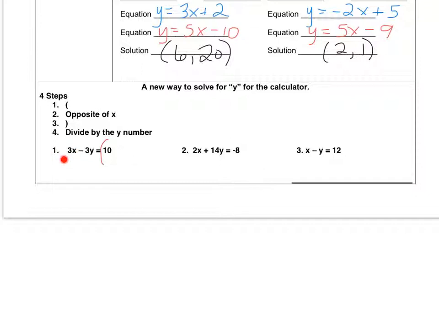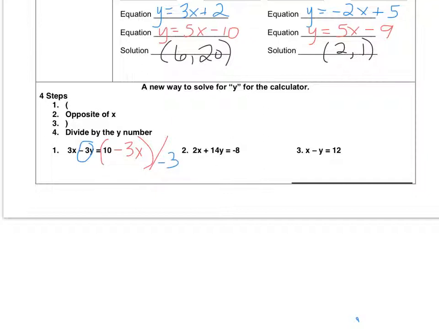Right now it's a positive 3x. So we're going to write negative 3x. And then we're going to close our parenthesis. And our last step is a division. So we do our little division sign and the y number. So we actually have to look, what's our y number? We got a negative 3, so divide it by negative 3.